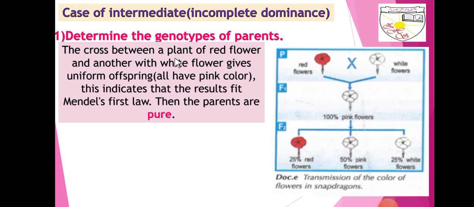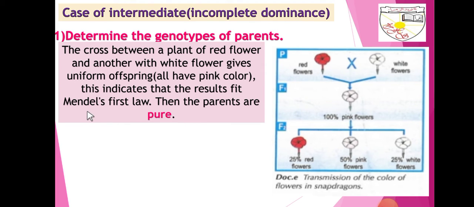So the cross between a plant with a red flower and another with a white flower gives uniform offspring. The offspring are uniform, all the same. All have a pink color. This indicates that the result fits Mendel's first law, so the parents are pure.